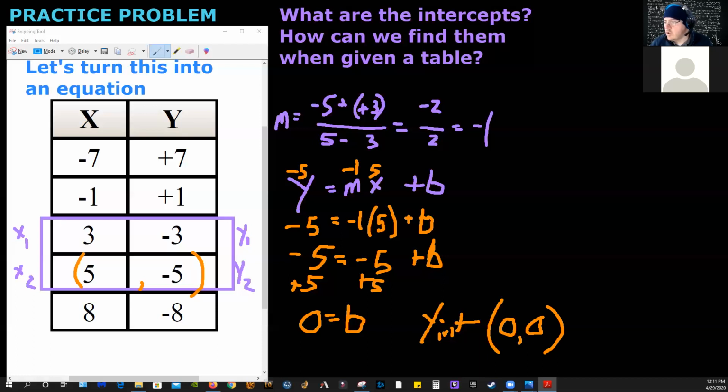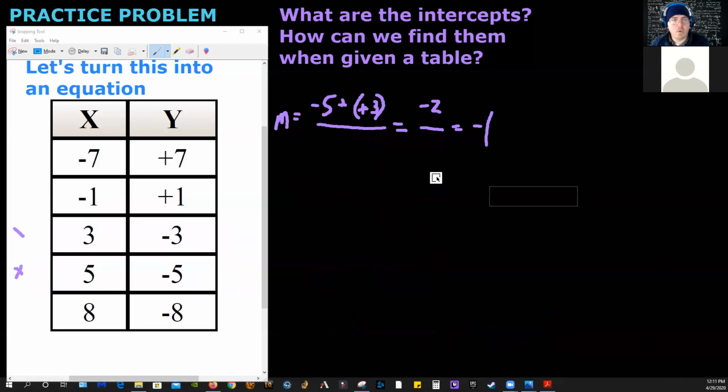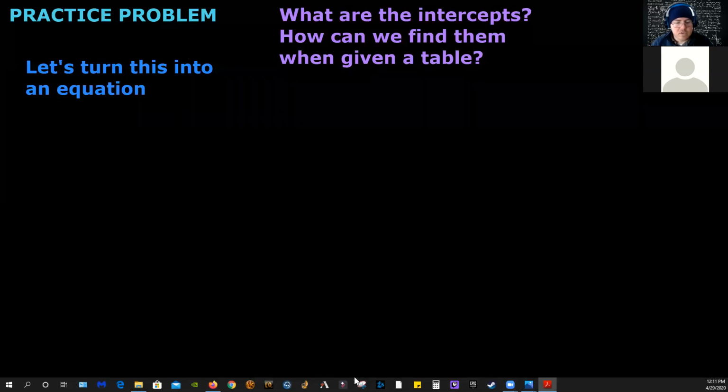This one should not have an origin intercept, which would be perfect. Okay. So let's try this one.